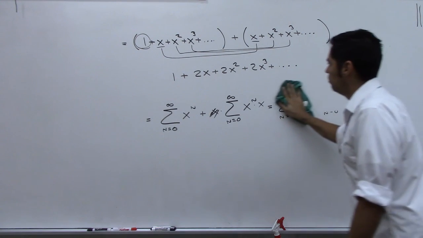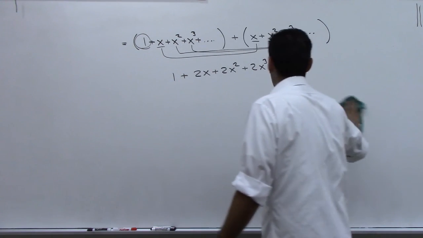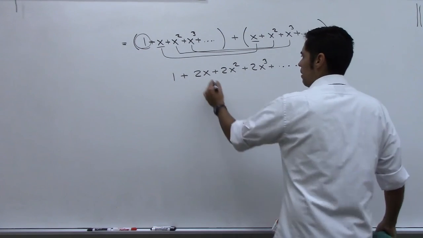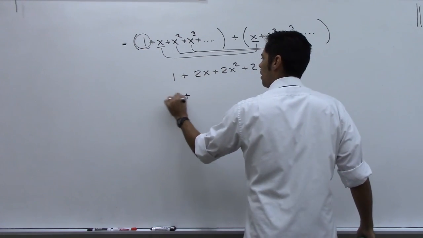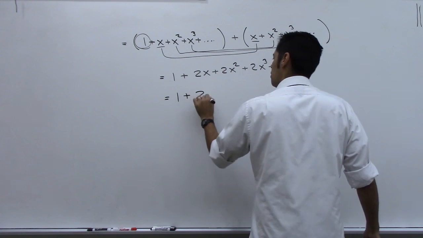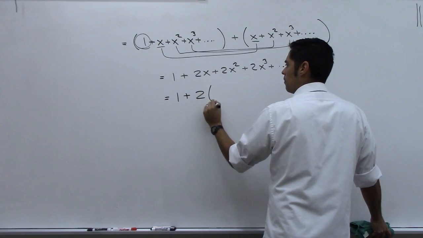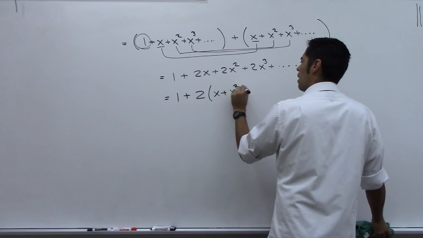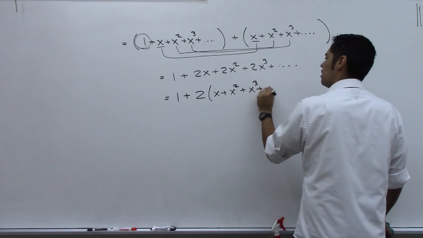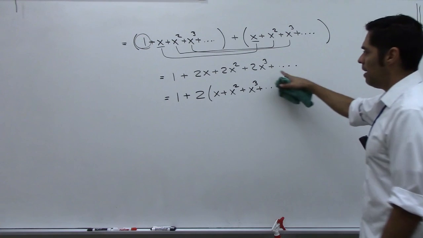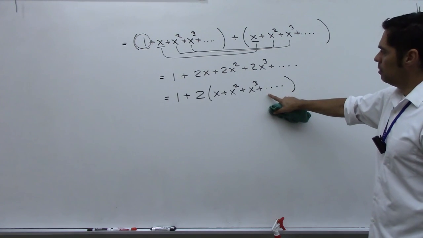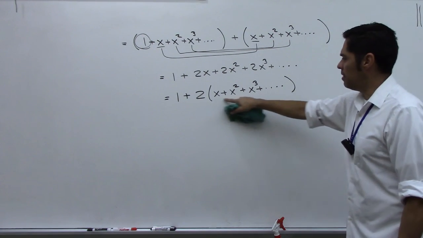So now, let's try and get our heads around what's going on here. This right here, 1 plus 2, and then what you have is x plus x squared plus x cubed plus forever. So I pulled that 2 out just to show you. Now what is this?